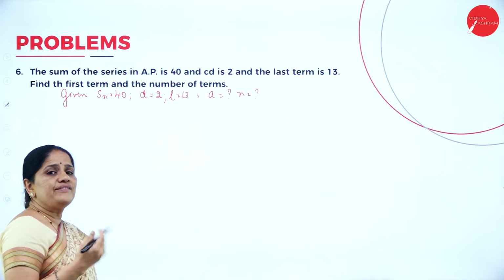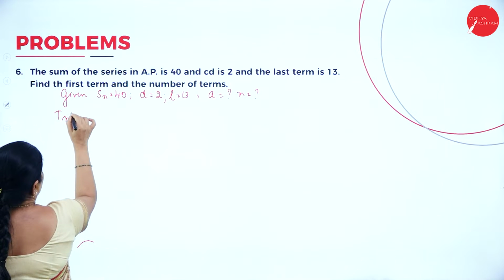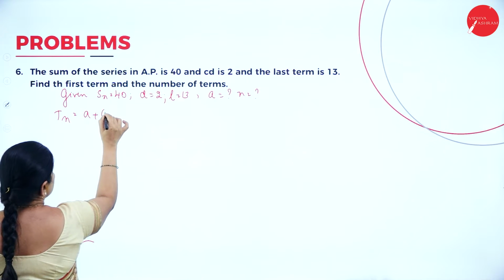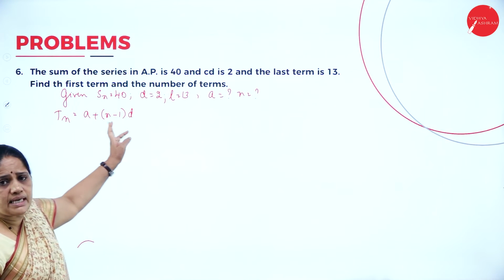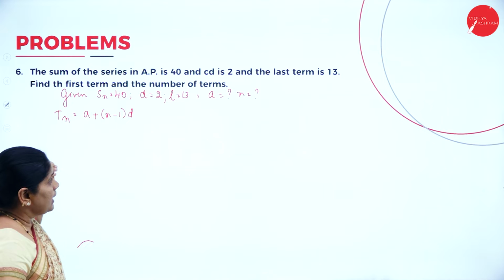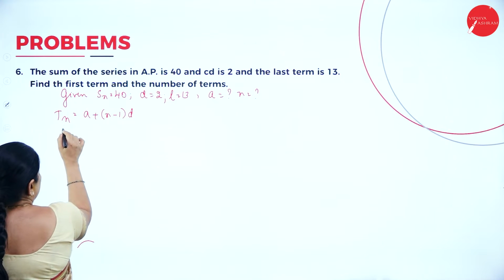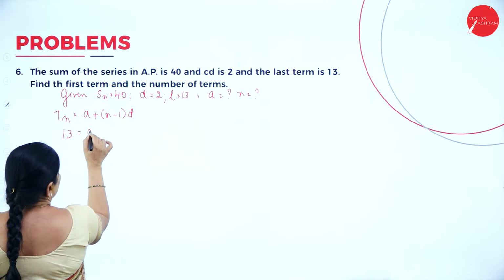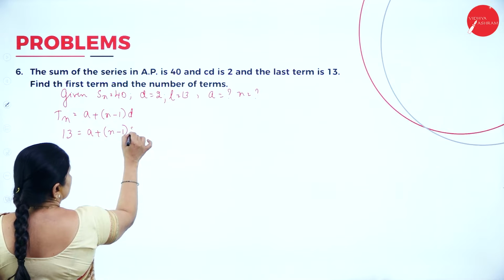We don't know A, we don't know N. Now, we know the Tn formula, Tn equals A plus n minus 1 into d. And we also know that the last term is 13. So, instead of writing Tn, I'll write 13 equals A plus n minus 1 into 2.